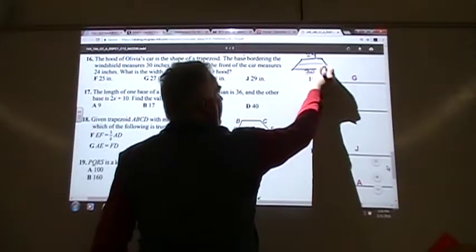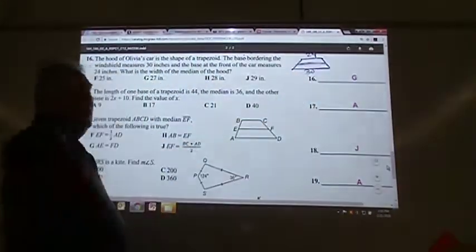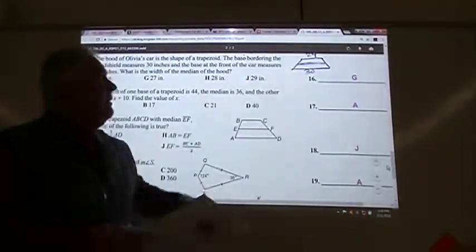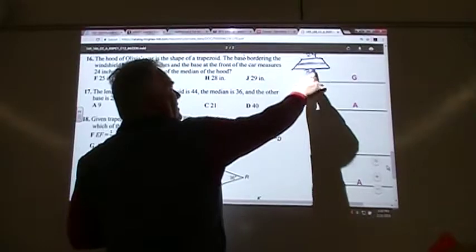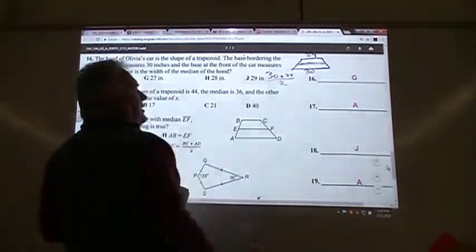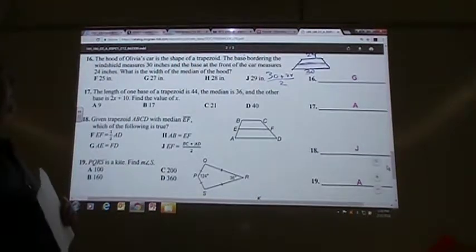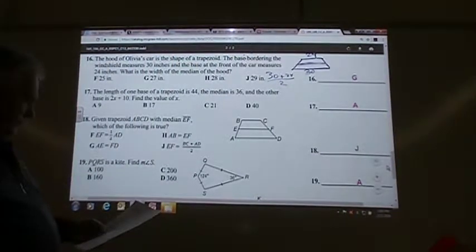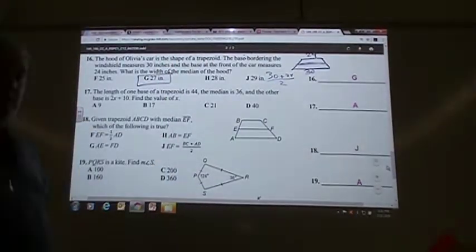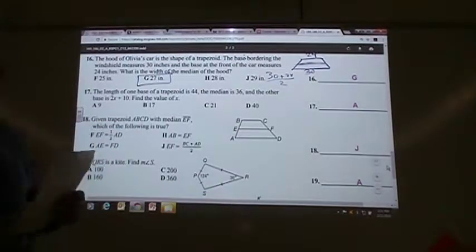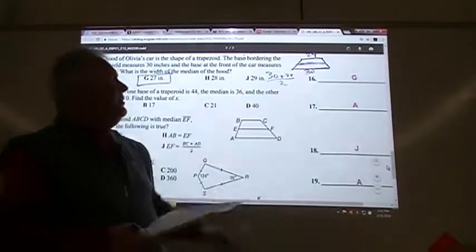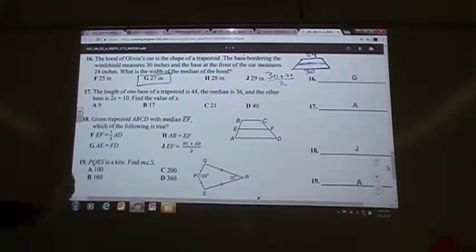There's our median right there. And as we talked about in class, you've got to be able to know the length of the median. Add these two side lengths and divide by 2. So 30 plus 24 is 54. 54 divided by 2 is 27, and that'll give you G. Okay, but you've got to know that rule. Add these two and divide by 2, and that'll be the median.